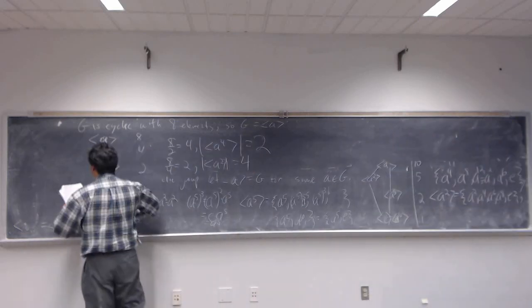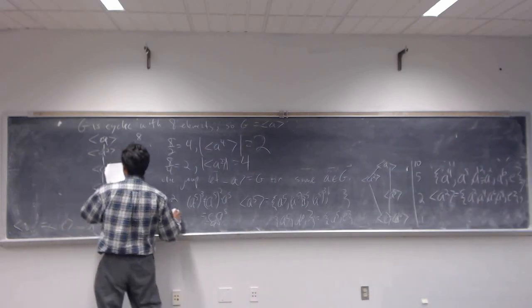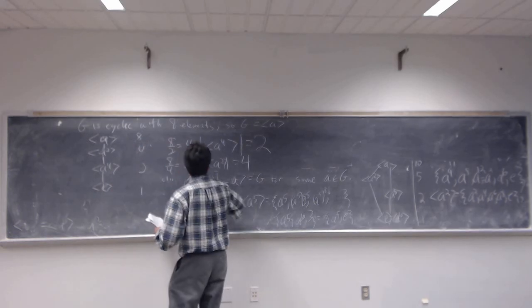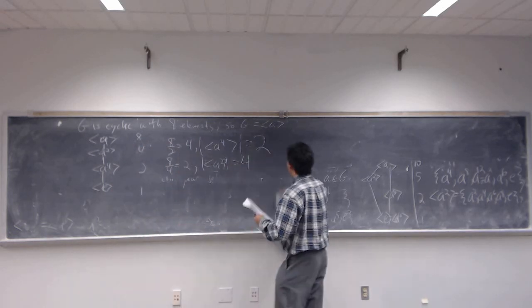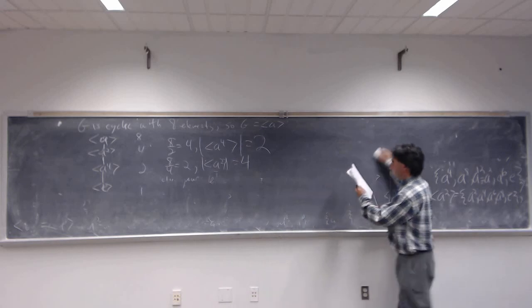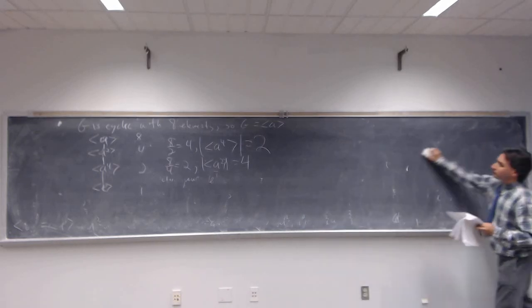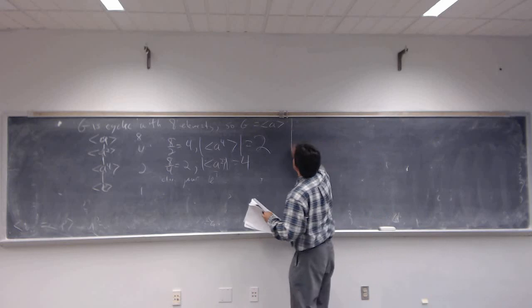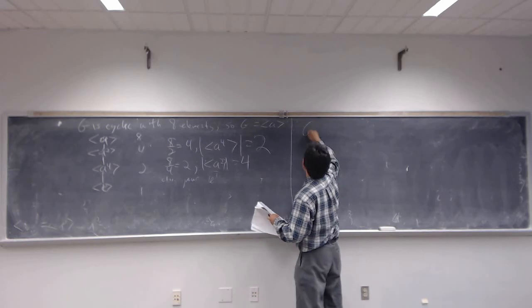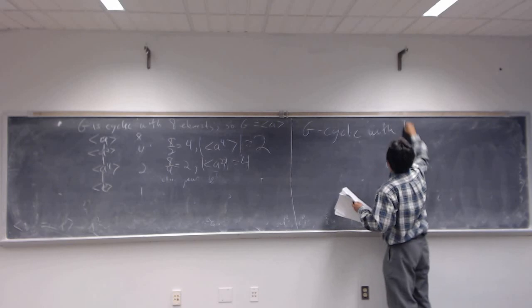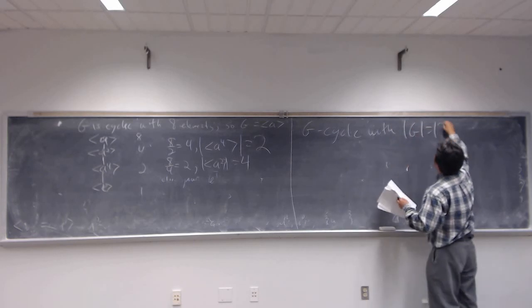And then I think I looked at an order of 8 elements, but it's mislabeled in the notes, it's 12 elements. The subgroup graph is right. So we can look at G cyclic with the order of G being 12.